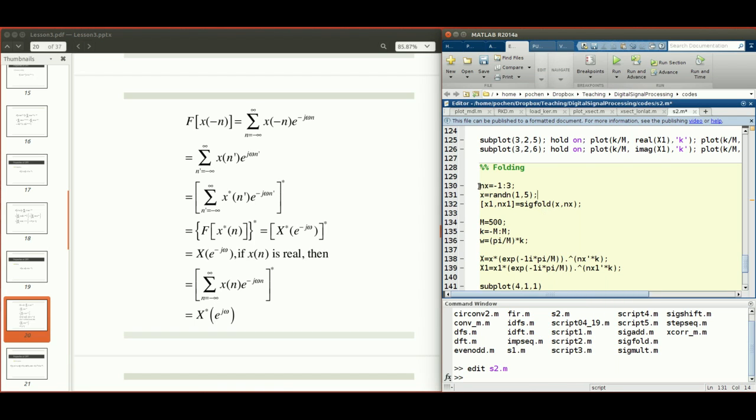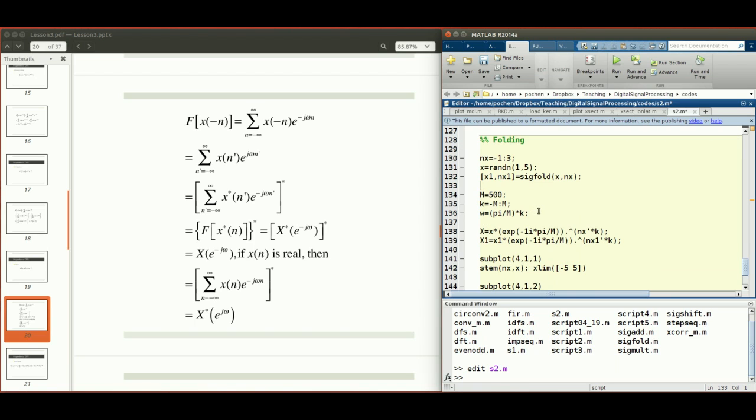Right. That's my original time domain signal. Now I want to fold the time domain signal. So here I'm calling sig fold. I fold the time domain signal with x and nx as the input, and then the folded signal, the time reversed signal, is stored in x1 and nx1.